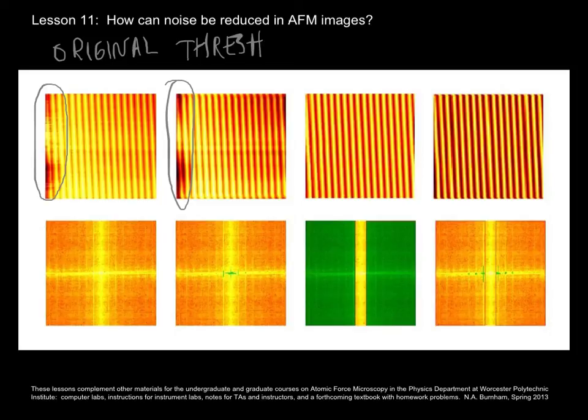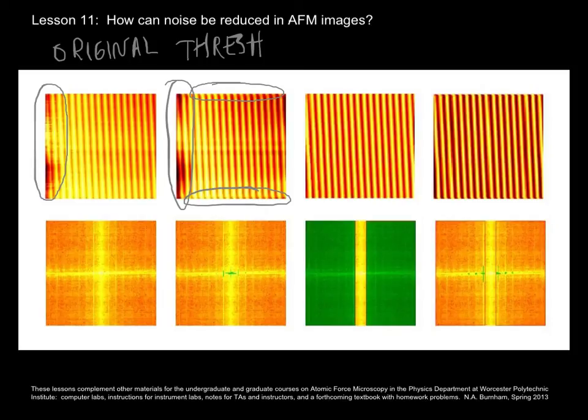And I say it's pretty strong because you can see some distortion here along these edges. Right? So we don't want to increase the threshold, because then we're going to really distort our original data.